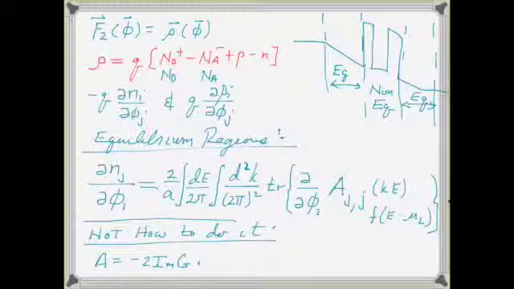So G inverse is equal to E minus H0 minus U minus sigma. That's G inverse, and this U is negative q phi. That's the potential that I'm putting in there separately so we can see where it is.